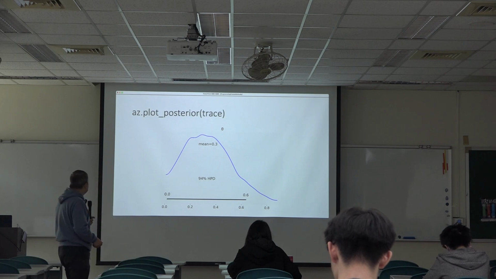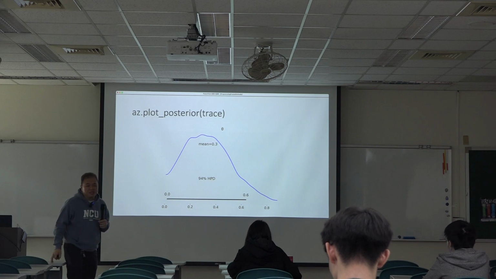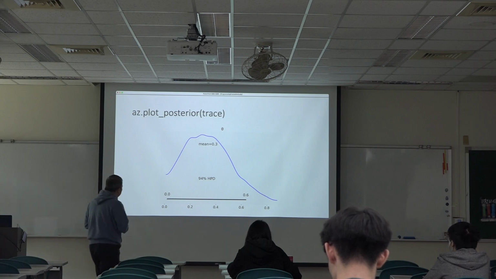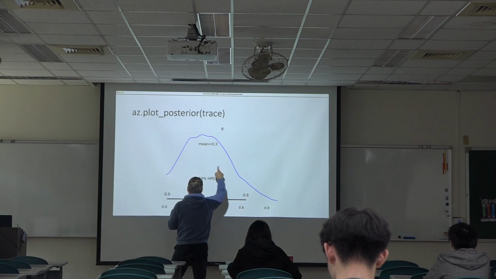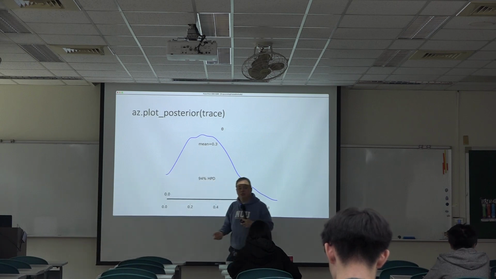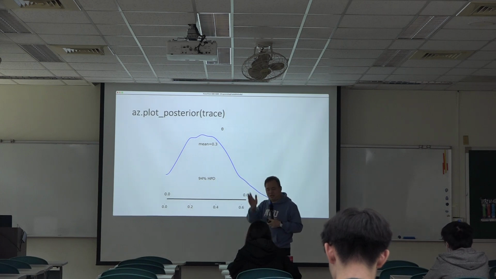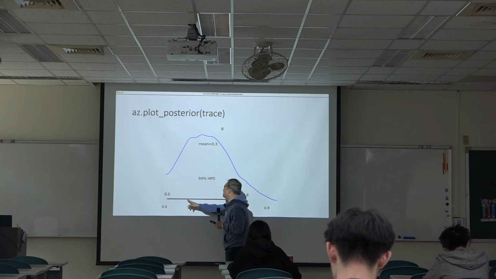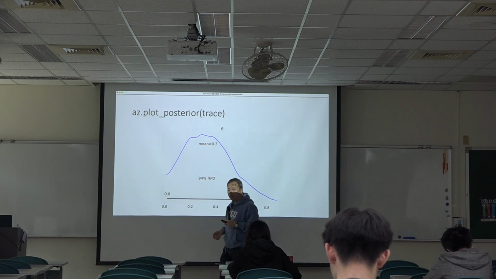We just call AZ, which is based on RVs: AZ dot plot posterior, and you feed the trace into this function. It will draw a kernel function for you, because theta is a continuous value. If the samples are discrete, it will generate a histogram for you automatically. It will also indicate the 94% HPD range as well as your mean automatically.